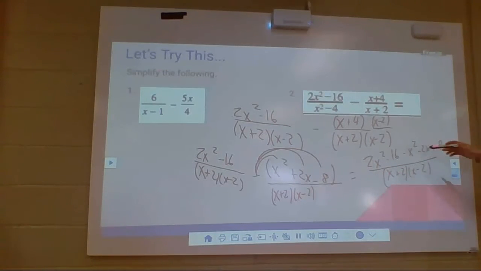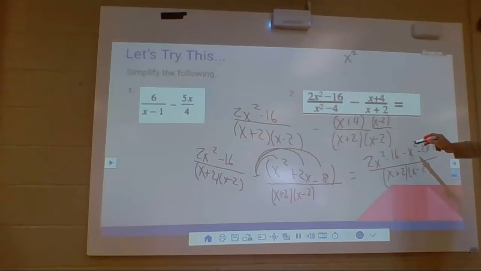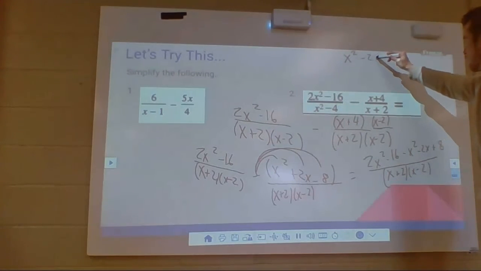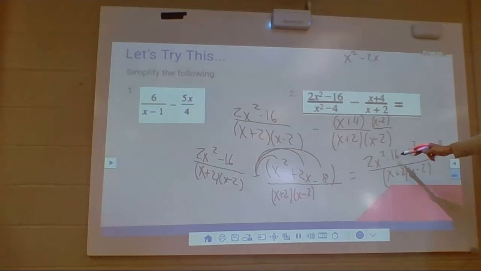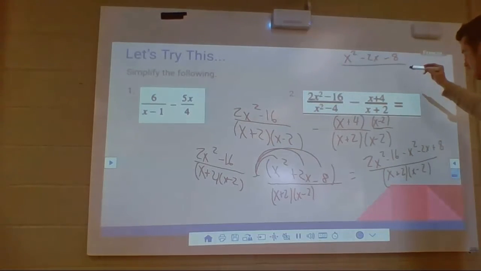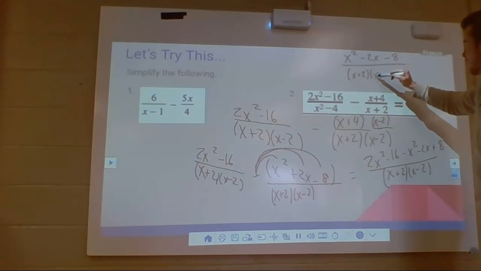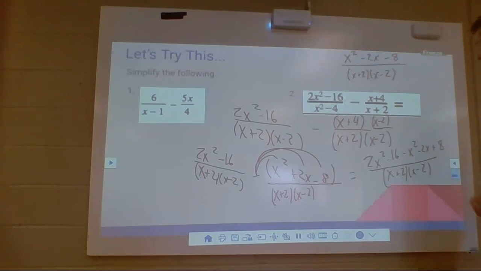Now at this point I'm just going to combine like terms in the numerator. So 2x squared minus x squared, well that's going to give me x squared. I'm just going to write the final answer up here. 2x squared minus x squared is x squared. And then the next term, I'm going to put this in standard form, so I'm going to look at negative 2x. So minus 2x, there were no like terms for that. And then negative 16 plus 8 is minus 8 over x plus 2 times x minus 2.